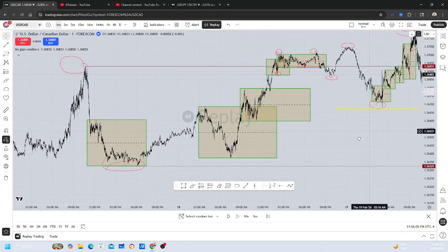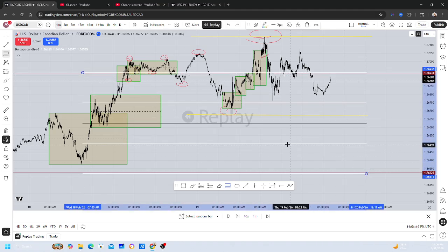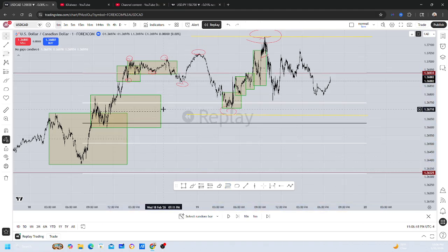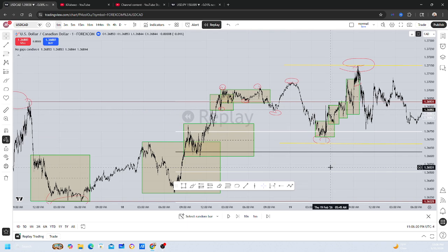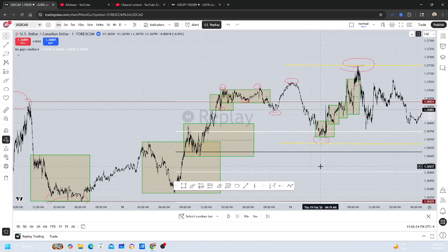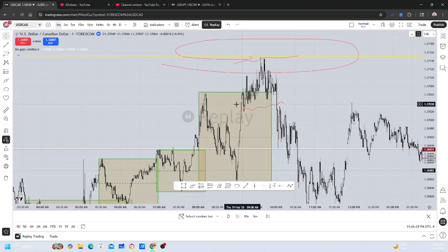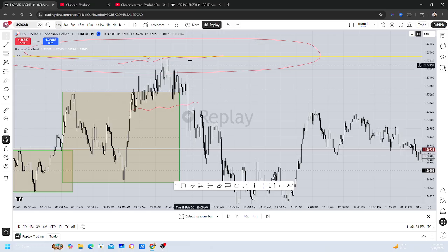That's crazy, though. Oh, I forgot. This is 50% of the zone. Right here, 50%. Just keep that in mind, right? All right. So we have this range. And what happened? We reverse.